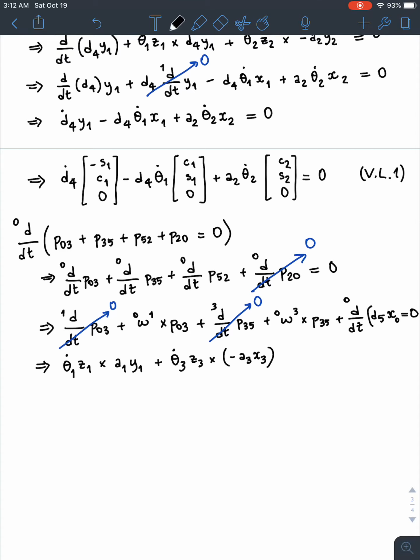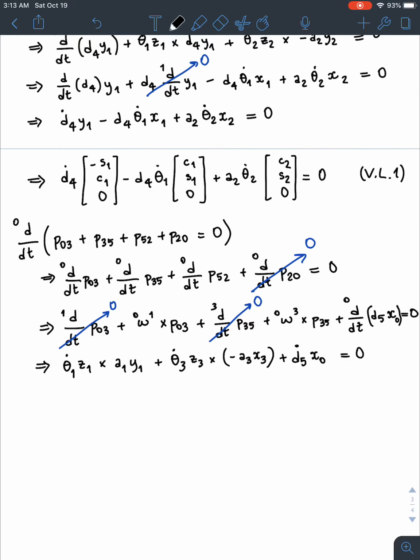And the derivative of this term right there, again, requires us to use the Leibniz rule or the product rule, which is going to give me plus d5 dot in the x0 direction. The reason is that the derivative of x0 in the 0th frame is 0, of course. So the second term has vanished, as it did over here.